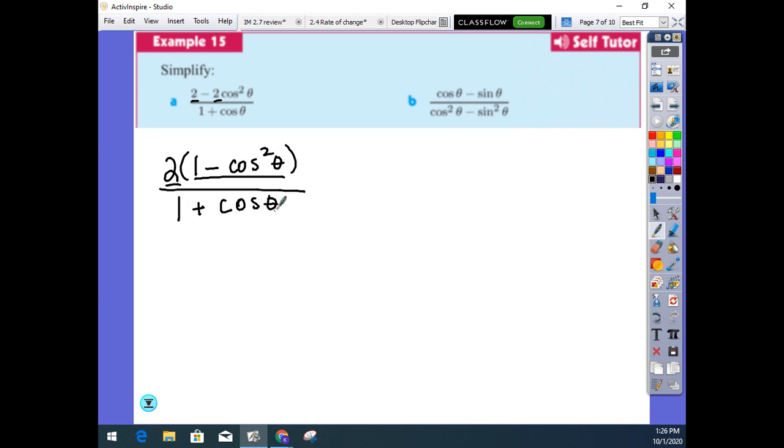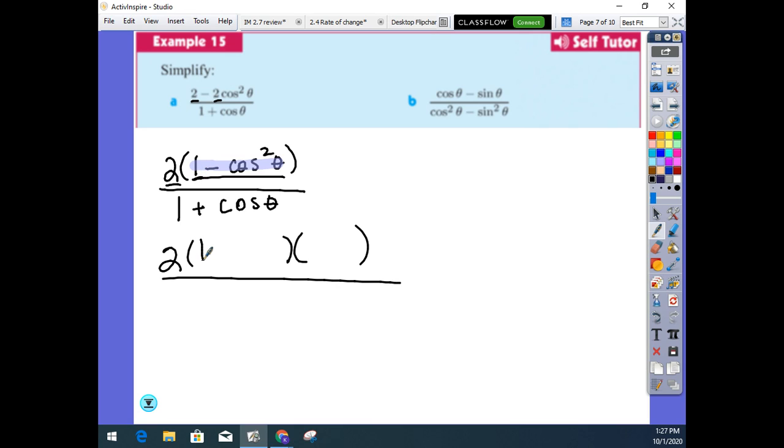Now, this is 1 plus cosine, but this is 1 minus cosine squared. I need to double parenthesis. I need to factor. I don't know why they always say factorize in IB, but we're going to factor the 1 minus cosine squared, difference of 2 squares.